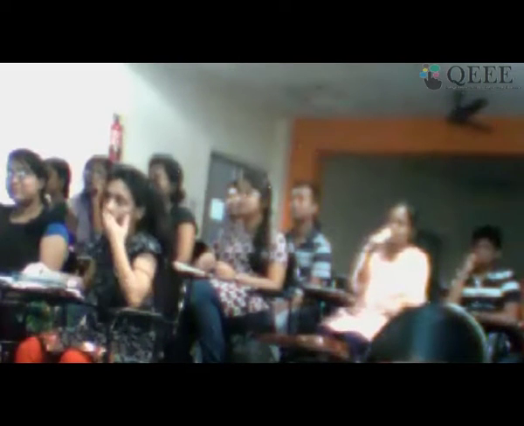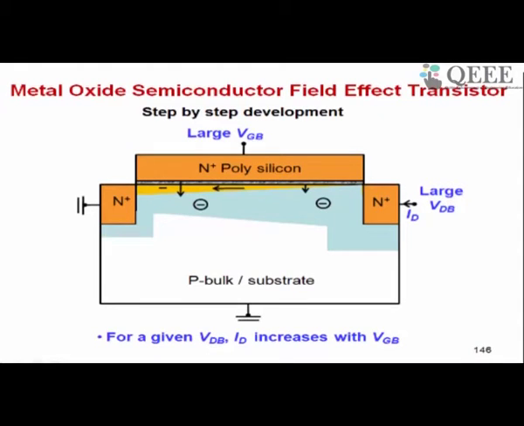Tell me. Sir, can you tell me about CMOS, complementary MOS, a little bit explanation please. Yes. This MOSFET that I showed you on the slide is called N-channel MOSFET because the current is passing through an inversion layer made of electrons.